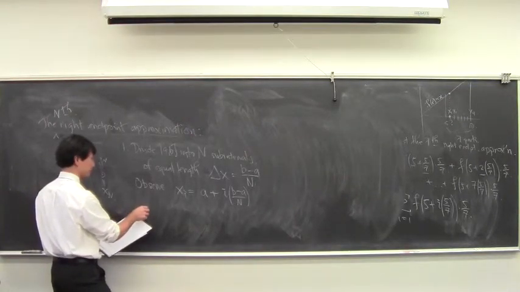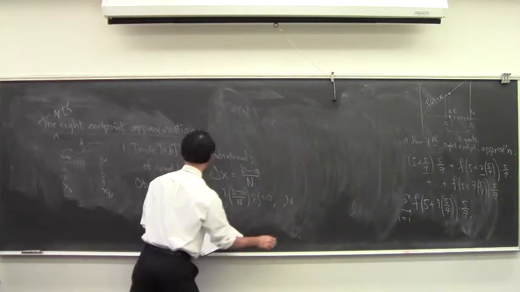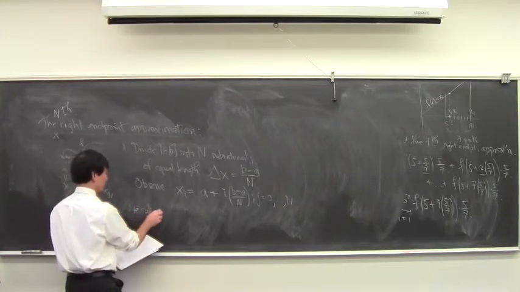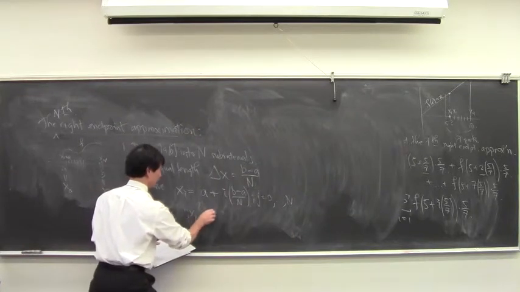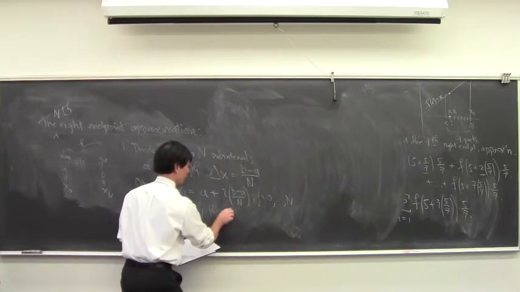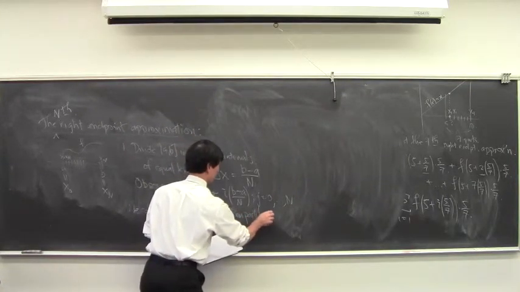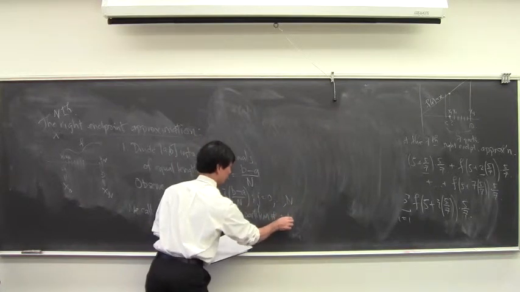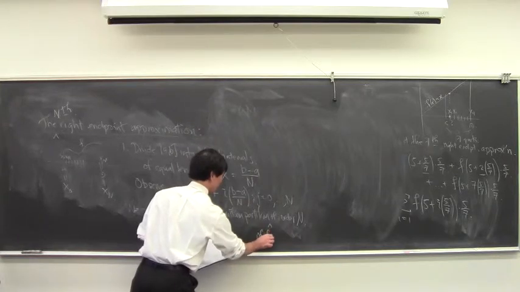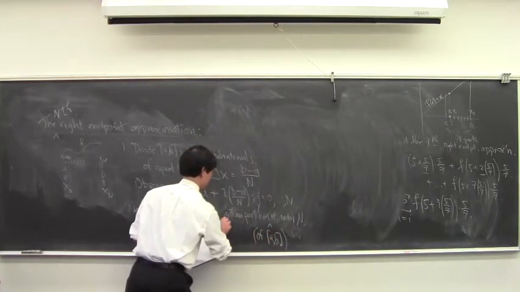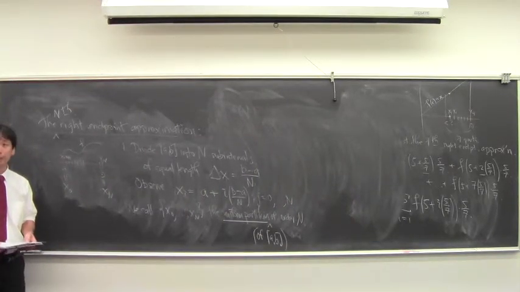We call this collection of points, i from 0 to n, the uniform partition of order n. I should say of [a, b].